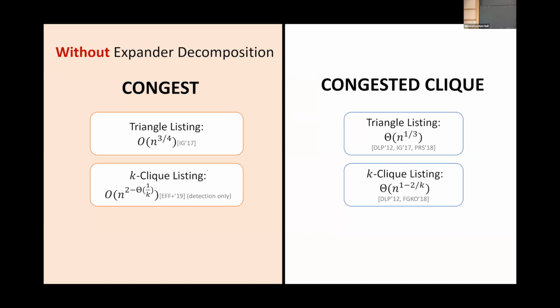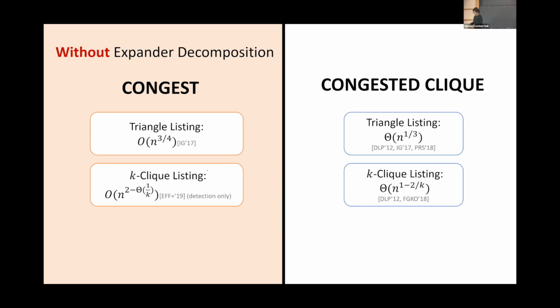But in congest, it is worse. And you can ask about listing cliques or listing triangles or listing cycles and so on. There is a discrepancy between the two models.